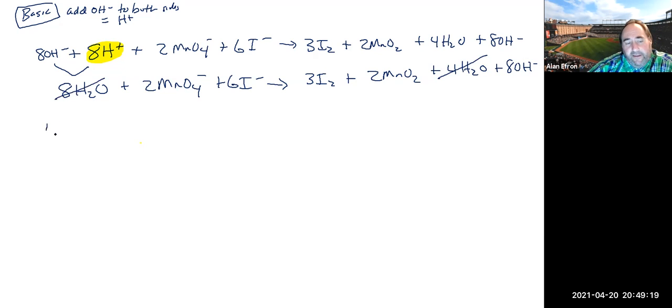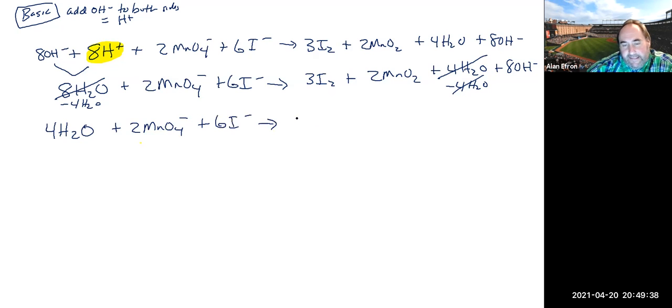That is going to leave us 4 waters on the left-hand side. Again, it's essentially like subtracting 4 waters from each side. Those cancel, and that leaves us with the 4, plus 2 of this, plus 6 of that, and 3 of those, and 8 of those.